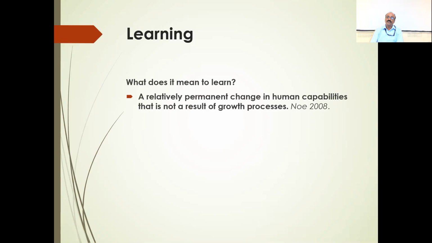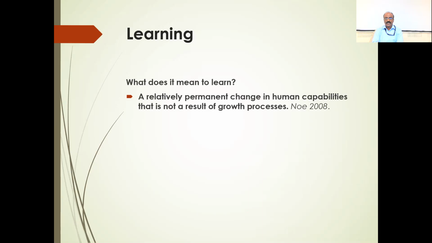Now, let us see what is the meaning of learning, or what does it mean to learn. So there are many definitions provided by educational psychologists, and here I'm going to present you with two popular definitions. One provided by Noy 2008.